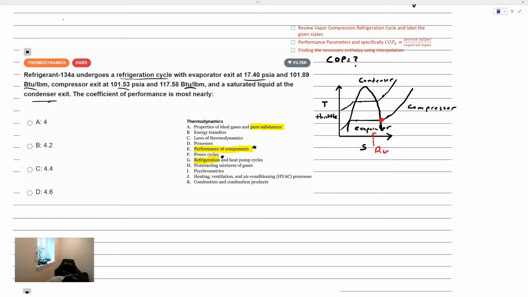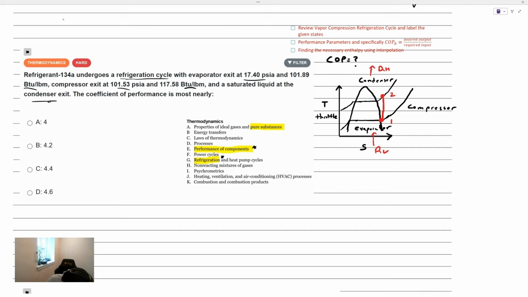Once it's fully evaporated at state point 1, we input it into the compressor where we increase its temperature and pressure to conclude at state point 2. Now, that working fluid is super hot and it's able to transfer heat to the high temperature source, the ambient environment.